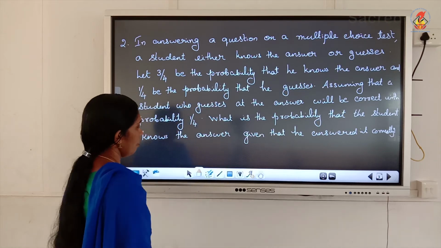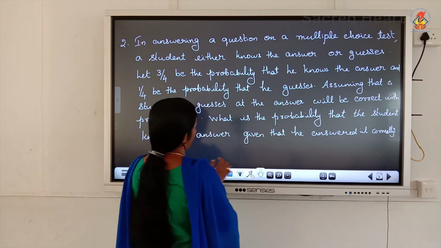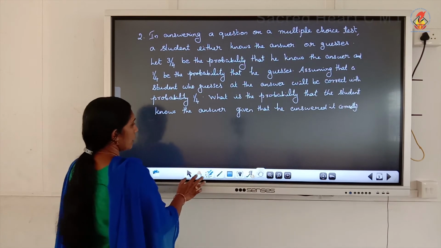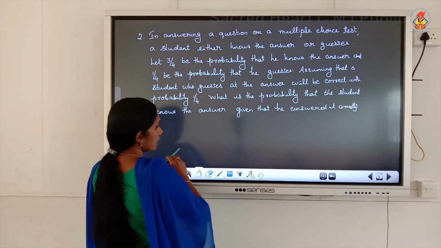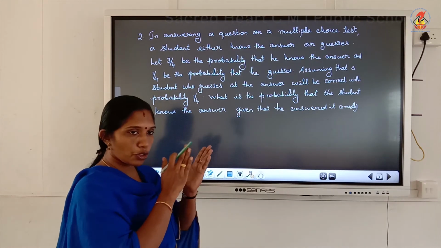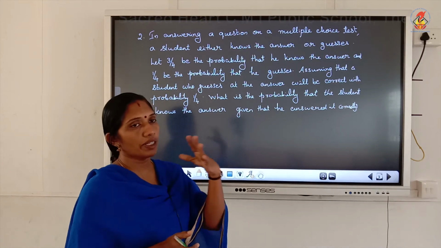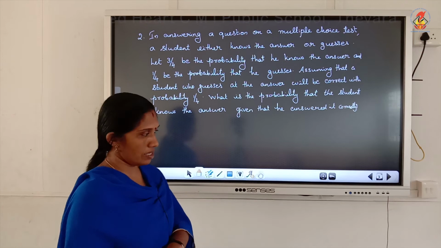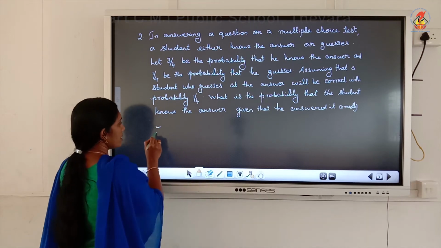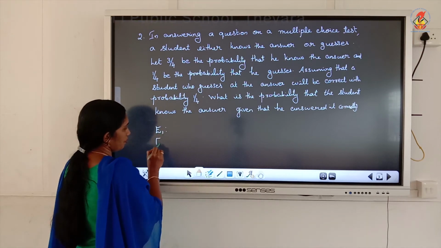Okay. So we define the events first. So here we have two cases. As in the previous question, we have two bags. Here the student either knows the answer or guesses. So we can define the events E1 and E2.